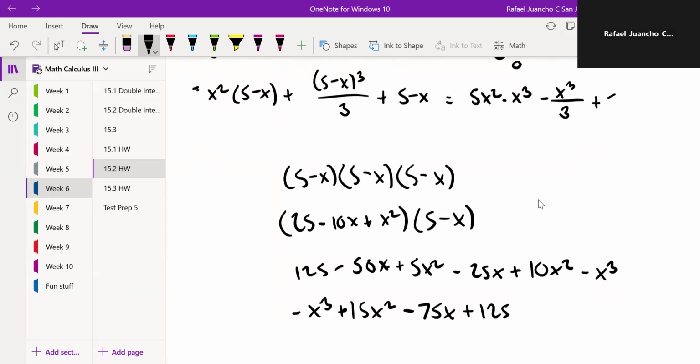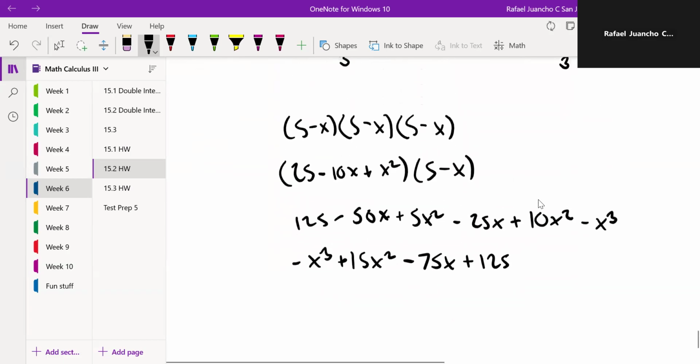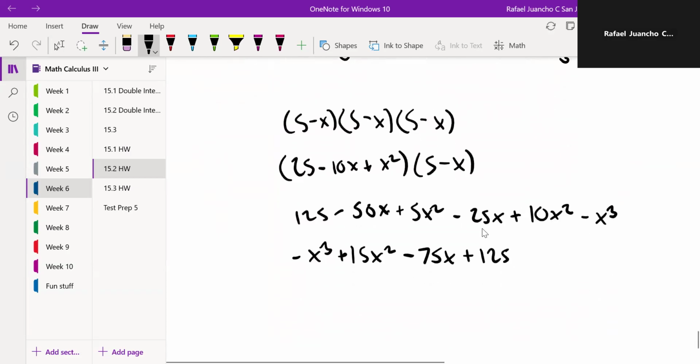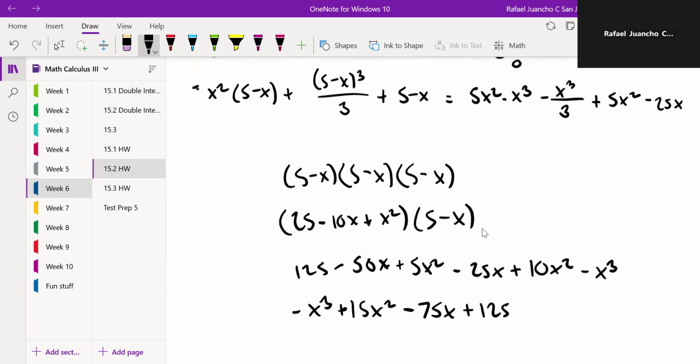This becomes 5x squared. This becomes 75 divided by 3, which is 25, minus 25x. And then 125 divided by 3.